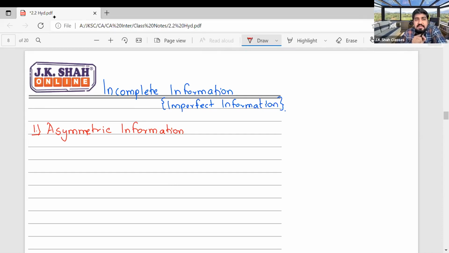It is difference in information. One person is having a higher knowledge and the other person is having lower knowledge. So a person with higher knowledge tries to exploit the person with lower knowledge. It is called asymmetric information. Understood? Okay. So please write down.